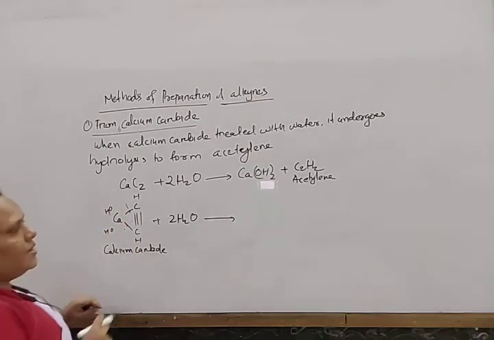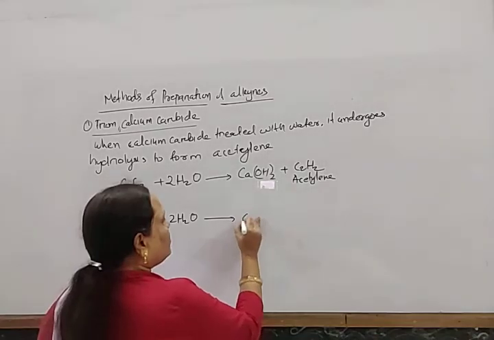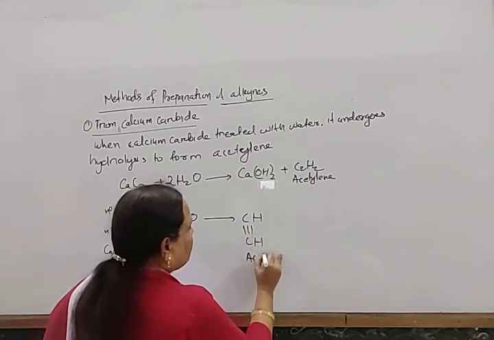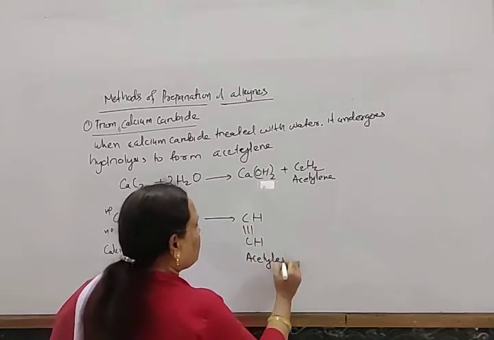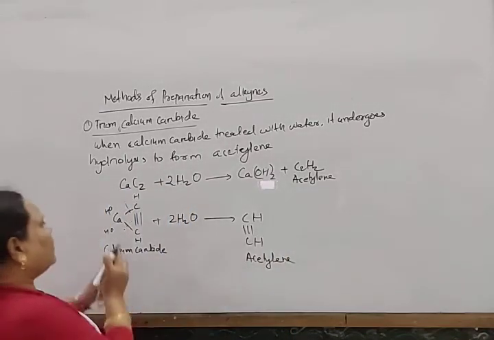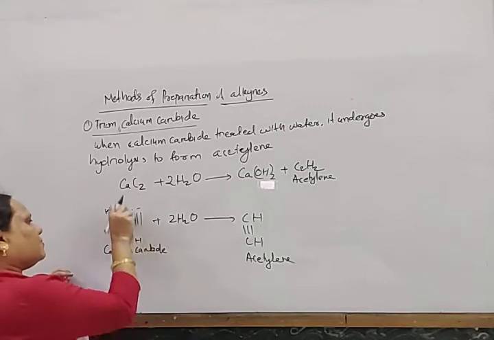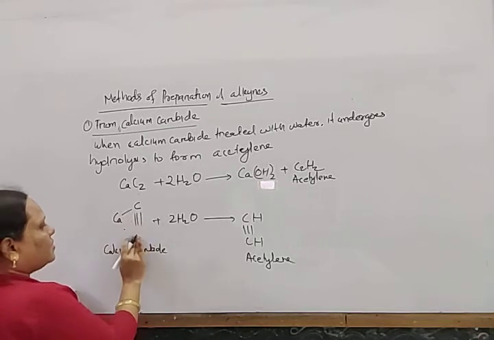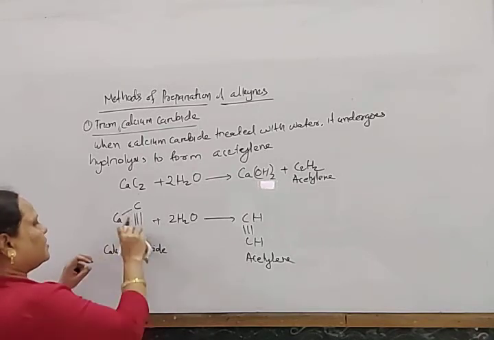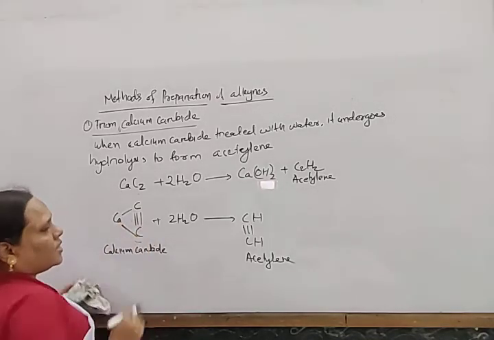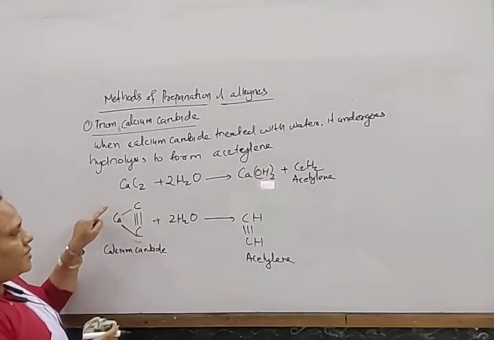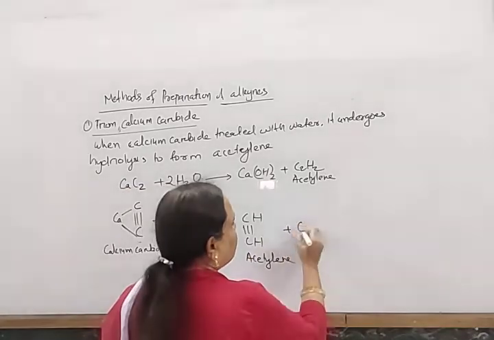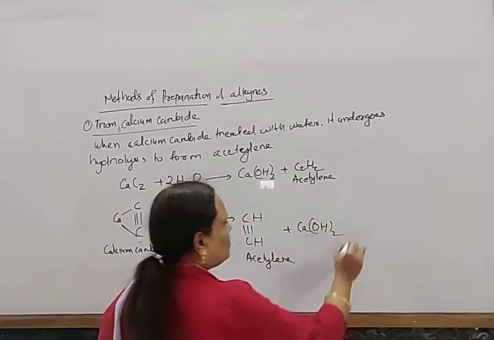In this way we can write, so that it can give CH triple bond CH. It gives acetylene. So calcium carbide gives acetylene, plus calcium hydroxide as the side product.